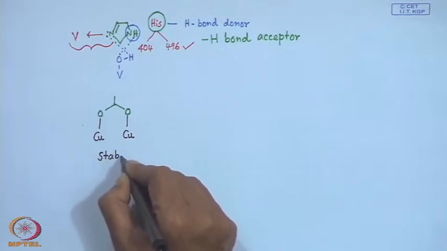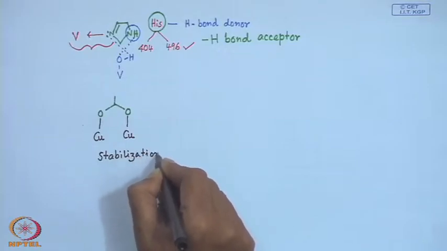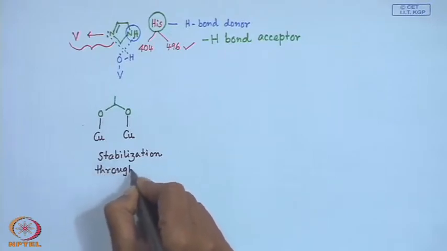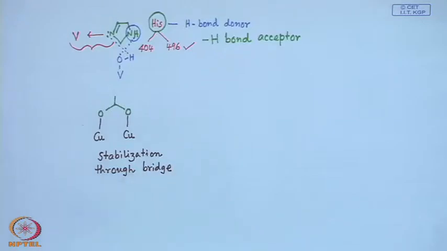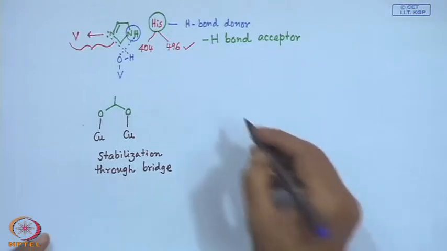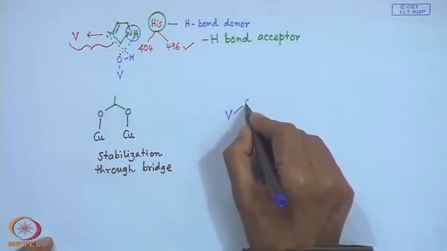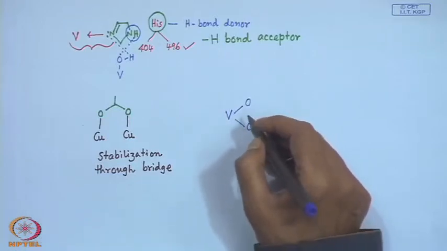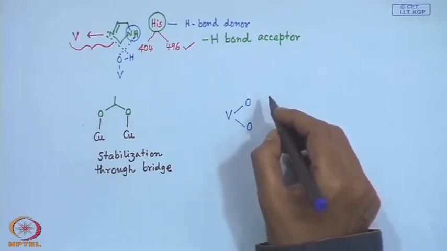So, we can call it stabilization through bridge. This stabilization through bridging interaction is also seen in the case of our vanadium. Vanadium already has these two oxygens attached to it. So, this dioxo vanadium unit in cis position, how can we stabilize this?